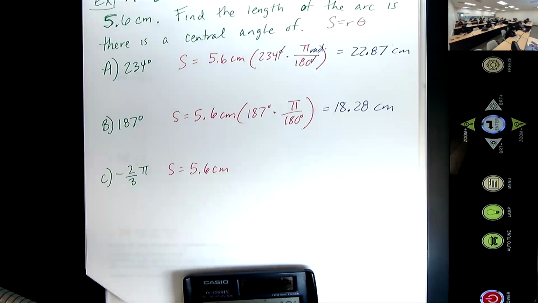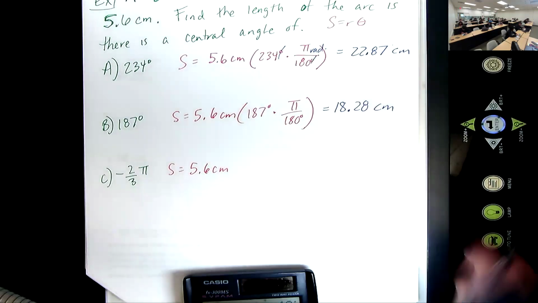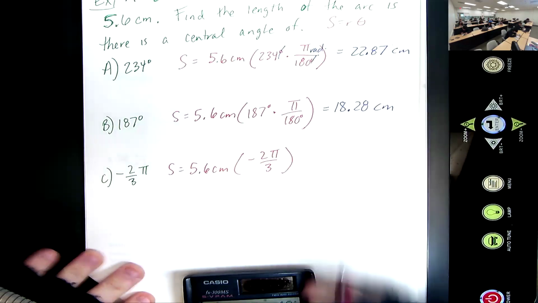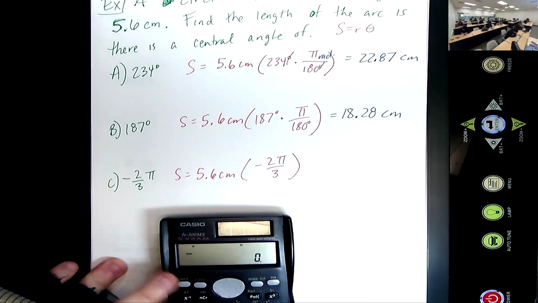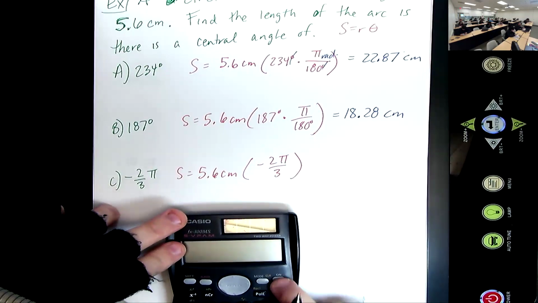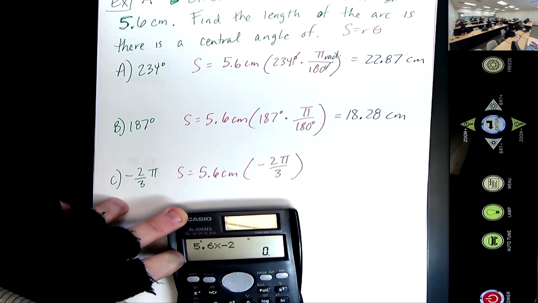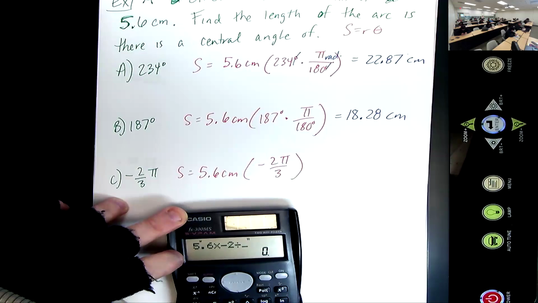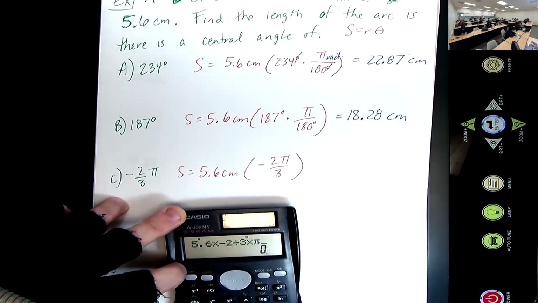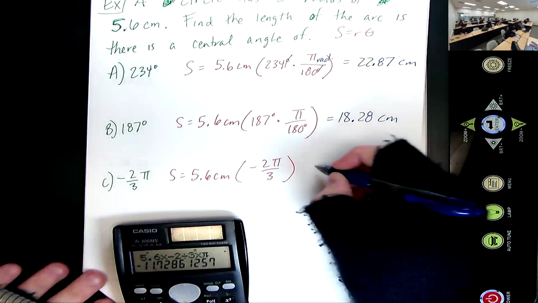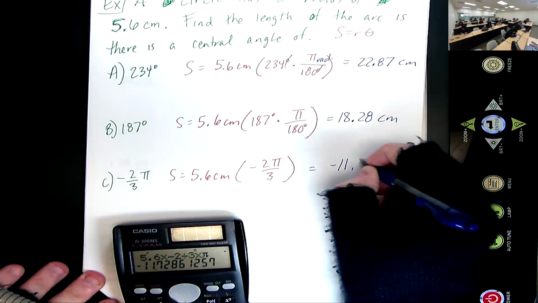Okay, what about -2 pi over 3? There's nothing to multiply here. This is already in radians, I don't need to change it, that's correct. So 5.6 times -2 divided by 3 times pi. And I'm getting -11.73.